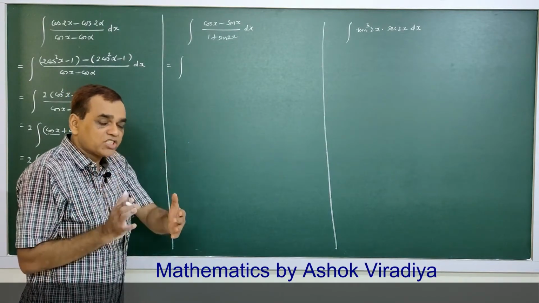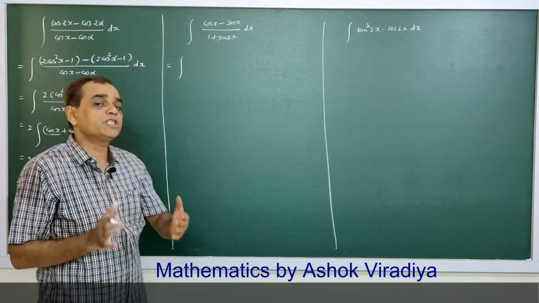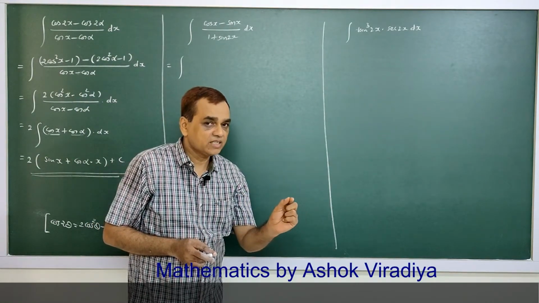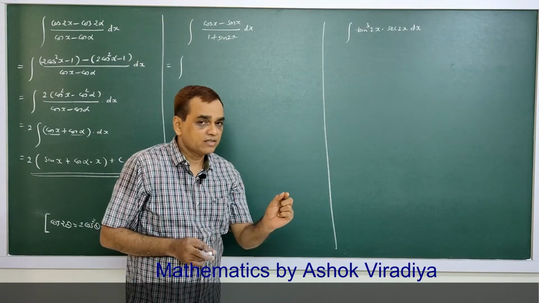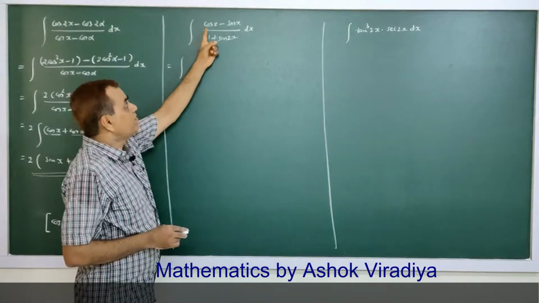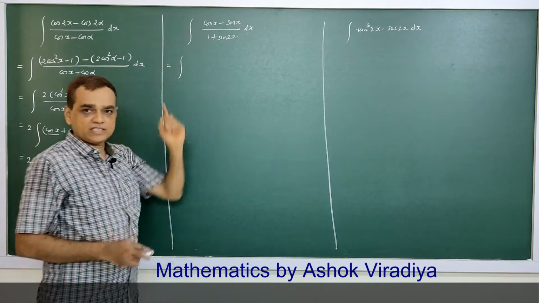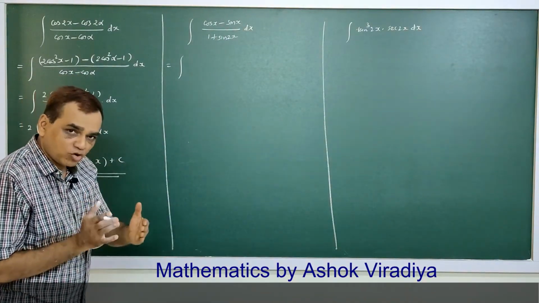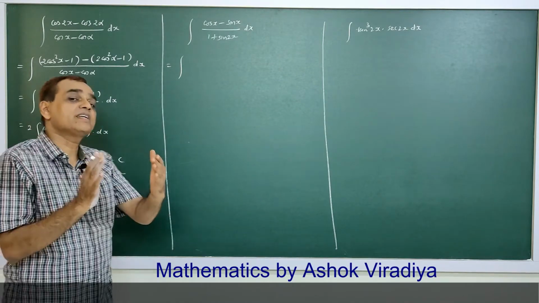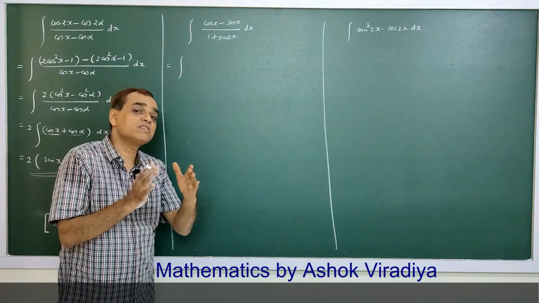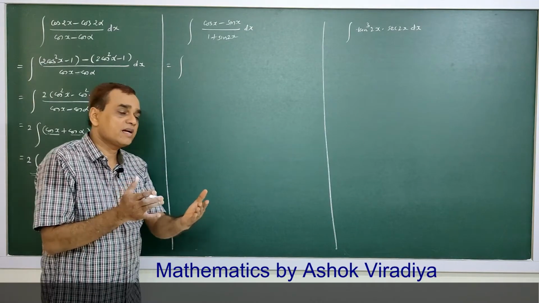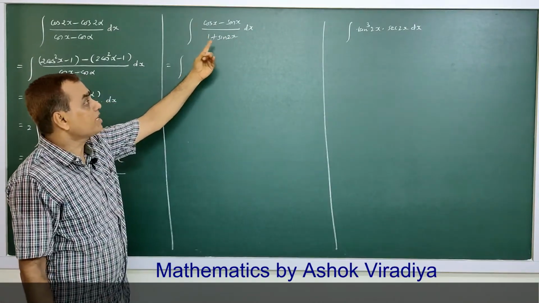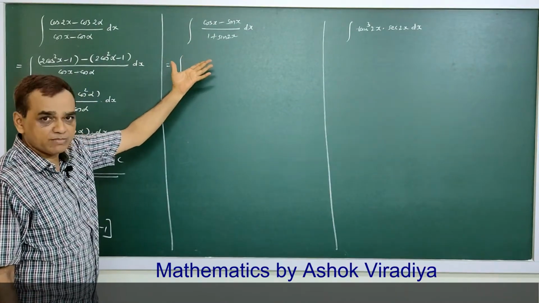If in this question we substitute sin x plus cos x equal to t, then this part can be removed with dx. So to substitute sin x plus cos x equal to t, sin x plus cos x should be visible, and it is clear in denominator. From denominator we can make sin x plus cos x visible.